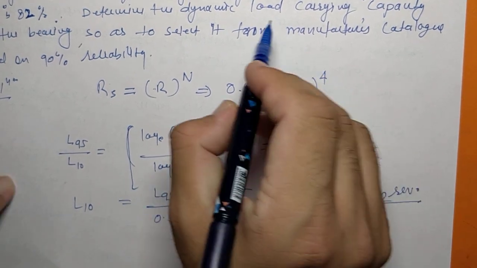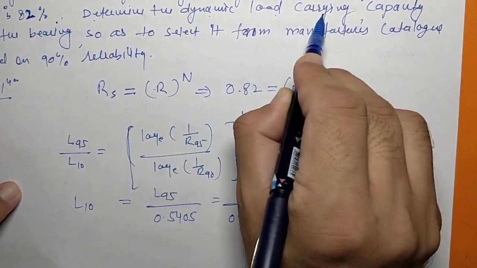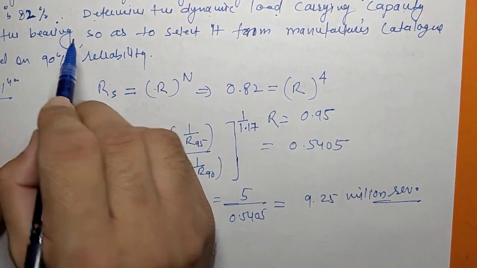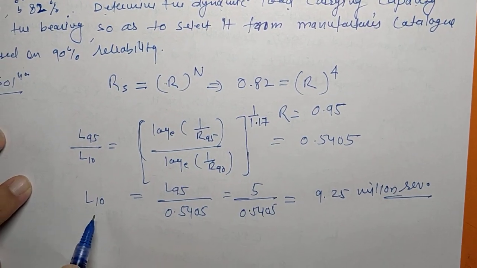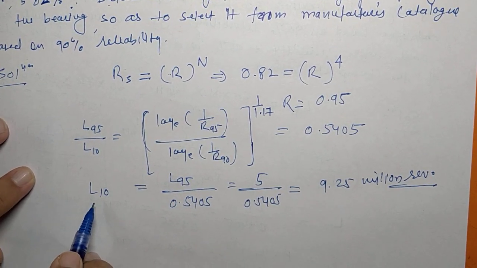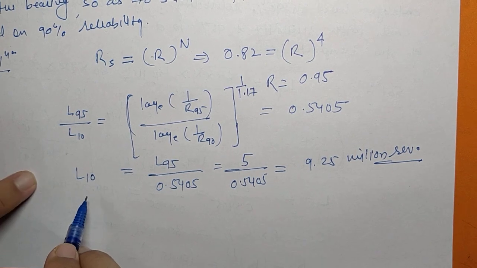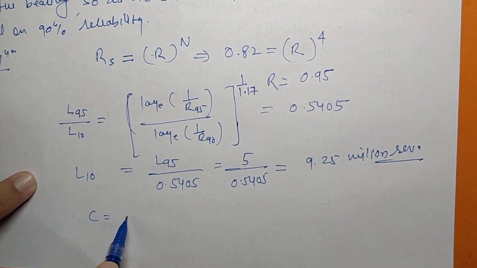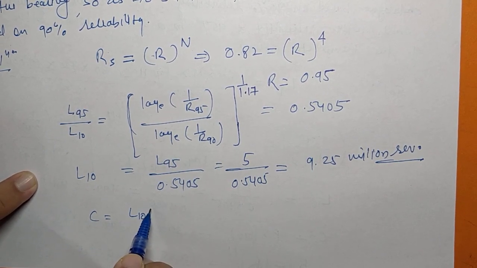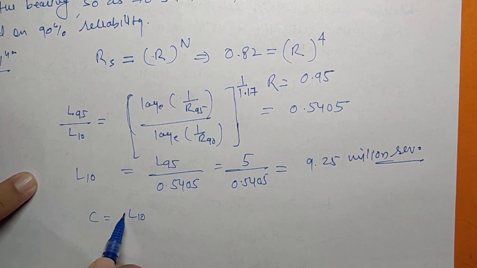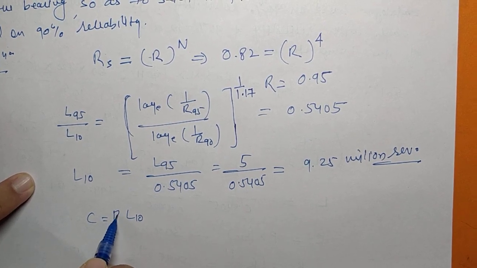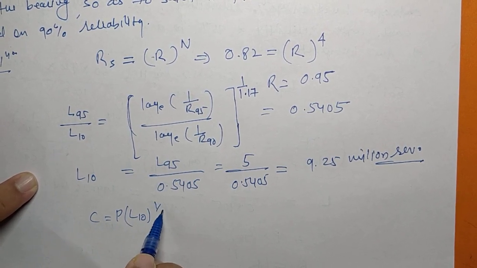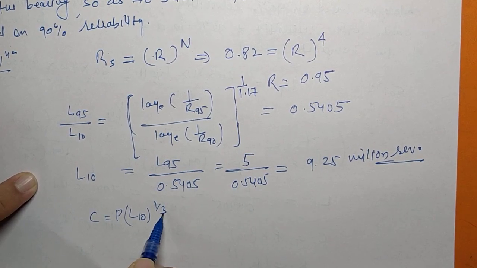Now we need to determine the dynamic load carrying capacity of the bearing. The relationship between the dynamic load carrying capacity and L10 life is given by C equals P multiplied by L10 raised to power 1 by 3 if we are talking about the ball bearing.